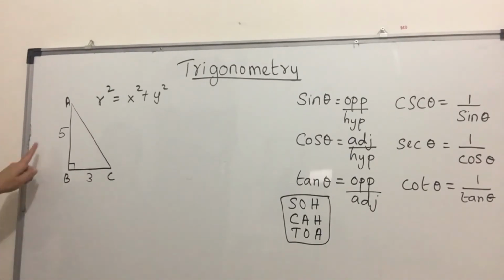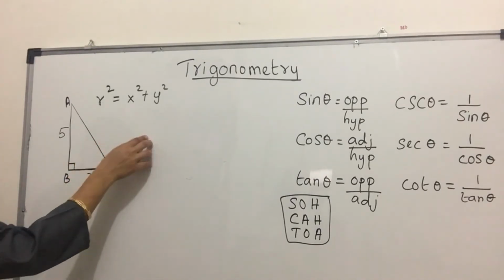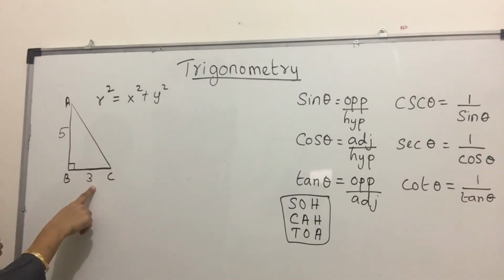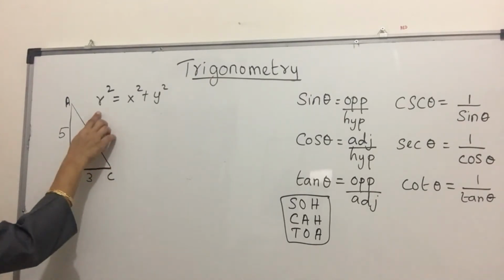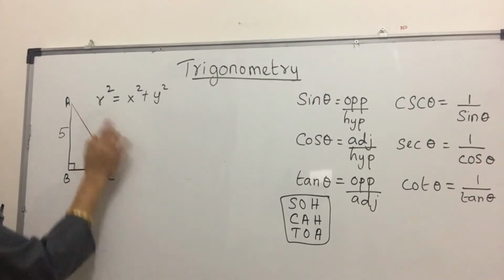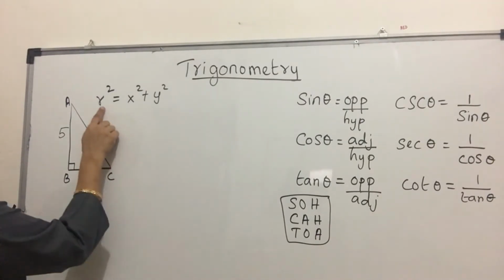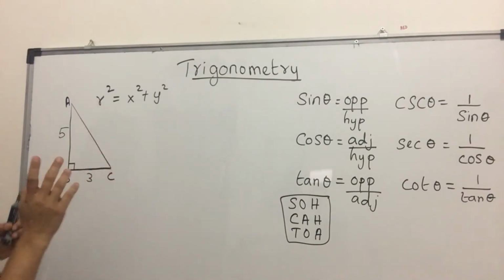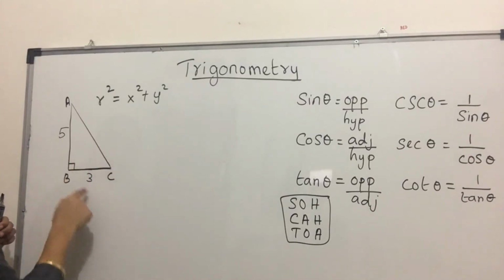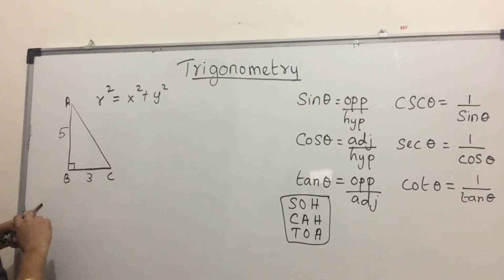In this case, only 2 numbers are given and you have to find all 6 trigonometric functions. In the last case all 3 numbers were given, but here the hypotenuse is missing. To find the hypotenuse you have to use the Pythagorean theorem: hypotenuse square is equal to the sum of the squares of the other 2 sides.